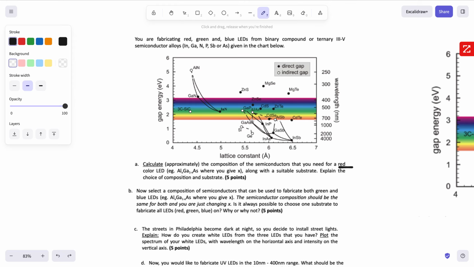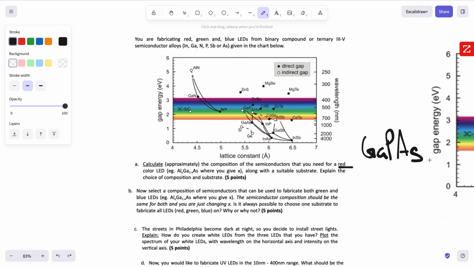So what looks most obvious to me would be using germanium as a substrate, because it matches the lattice constant here, and then using some kind of alloy of GaPAs. So following something along this line.